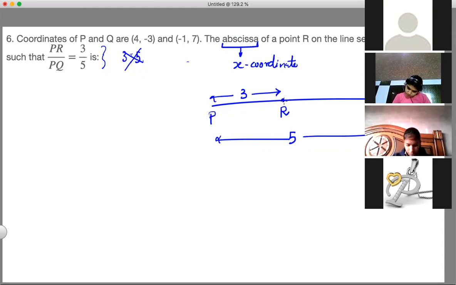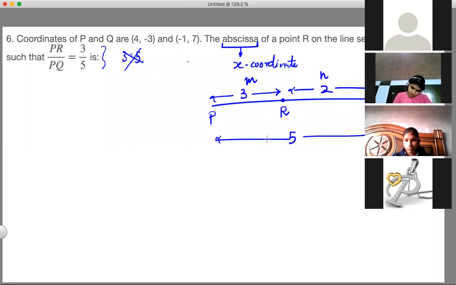Ratios are always measured from the point to the dividing point, then from the dividing point to the other point. So this is wrong. So what is left here? From 3, 5 minus 3, so 2 is left. So m is to n, this is m and this is n, so it is 3 is to 2.